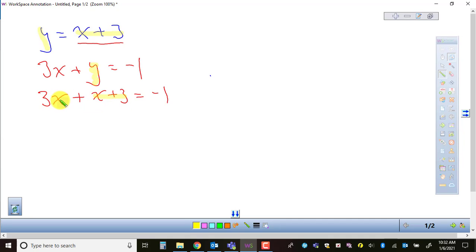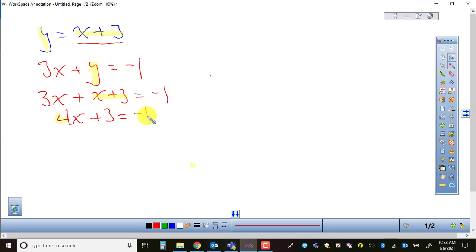Whenever we have our variable in more than one spot, but on the same side of the equation, I want to combine these, right? I'm going to combine 3x and 1x to give me 4x. And I need to solve this two-step equation.